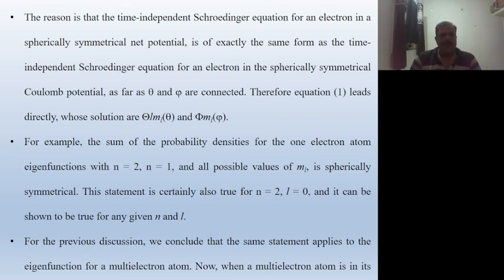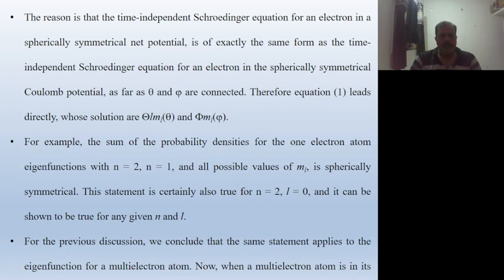For example, the sum of the probability densities for the one-electron atom eigenfunctions with n equal to 2 and l equal to 1, and all the possible values of ml, is spherically symmetrical.